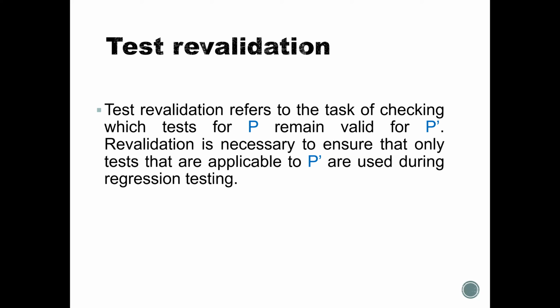The identification of tests that traverse the modified part of program P dash is normally called test selection, and we also call it the regression test selection problem, or RTS problem.